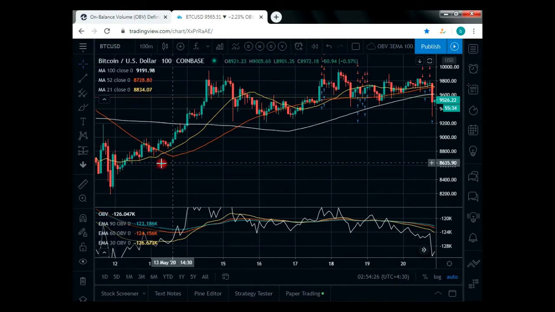That indicates we might have an uptrend.